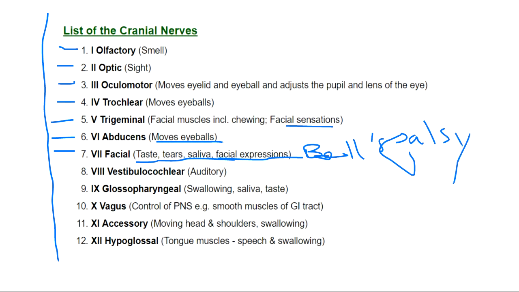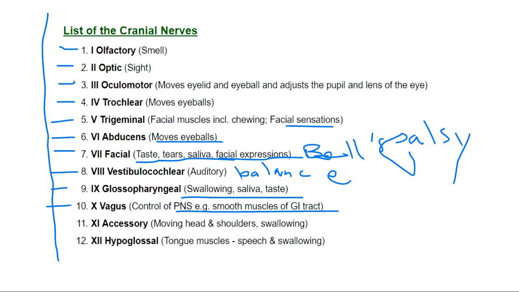Vestibulocochlear for auditory and balance. I don't know why it doesn't have balance on here, but yeah. Glossopharyngeal is involved in swallowing, producing saliva and taste. Vagus nerve goes out into the peripheral nervous system. It controls things all through the GI tract.